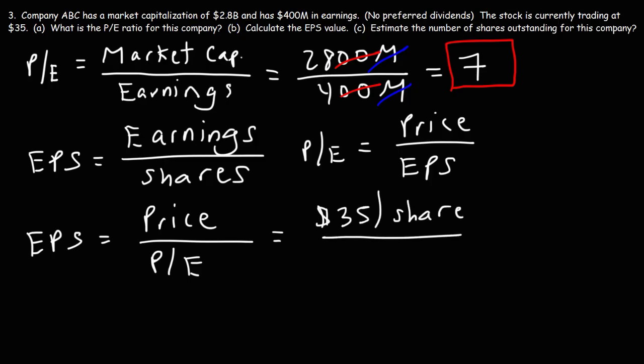The price to earnings is basically $7 per earnings. Dividing these two, we're going to get the earnings per share. 35 divided by 7 is 5. So the EPS is $5 per share.